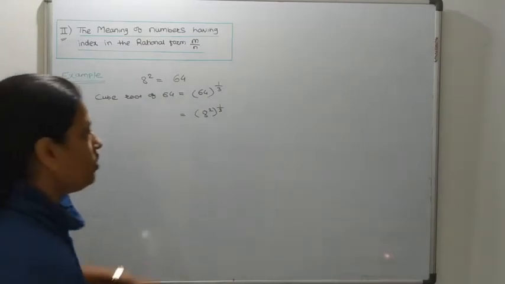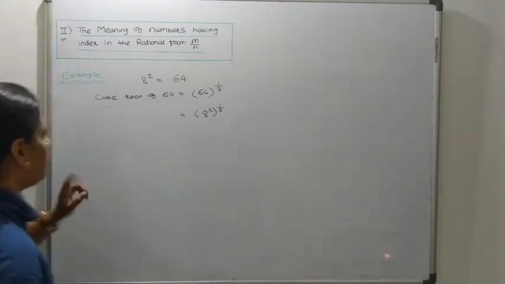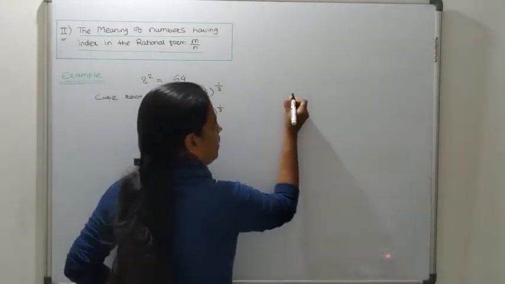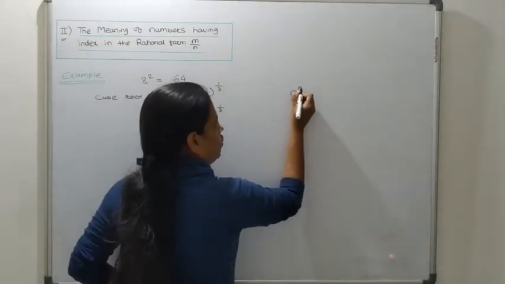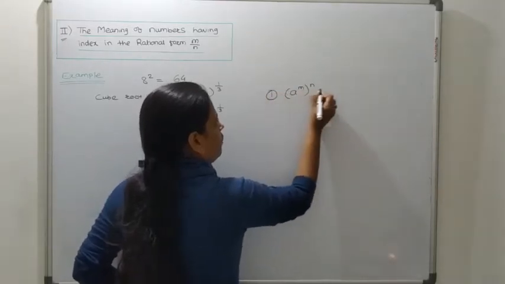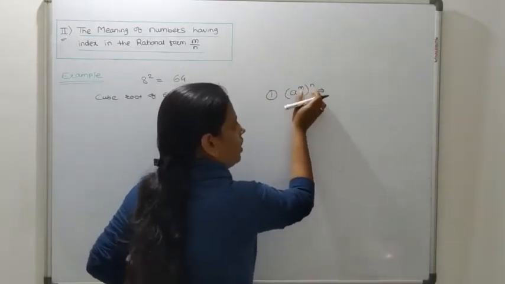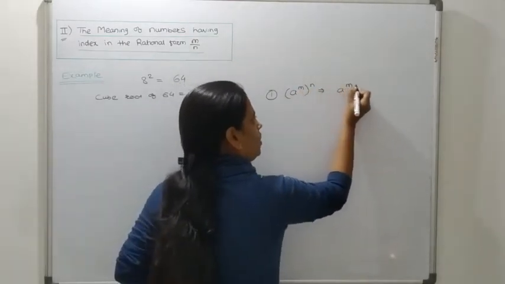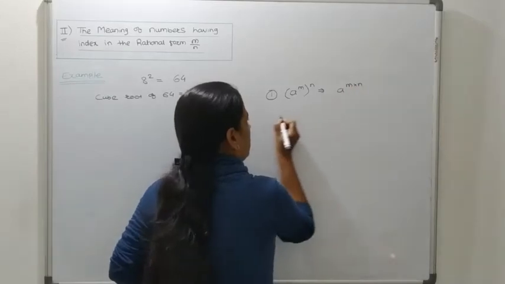For solving this, we know the property of exponents. Suppose a raised to m, raised to n. Then we multiply m and n, so a raised to m into n.